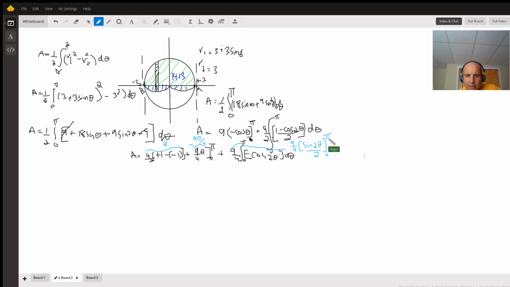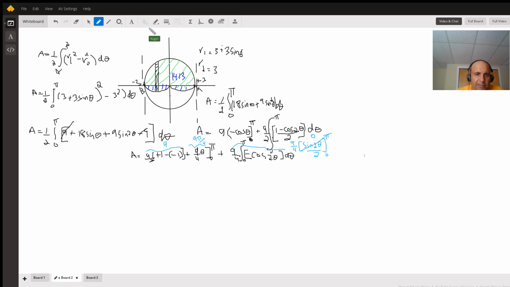Let's see, 9 over 2 times 1/2 is 9 over 4, minus cosine 2 theta. But anyway, this term is going to come to 0, because sine 2 pi is 0 and sine pi is 0, and minus sine 2 times 0 will be sine 0. So this whole term here is 0. The only thing that you're left with is these two terms here.